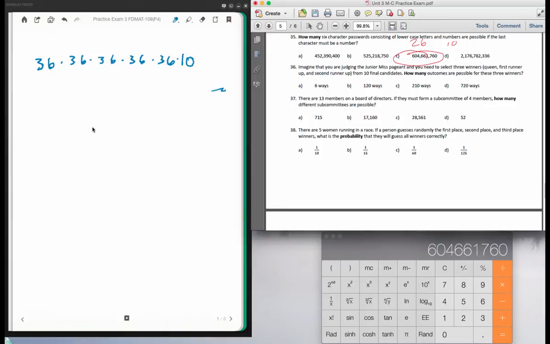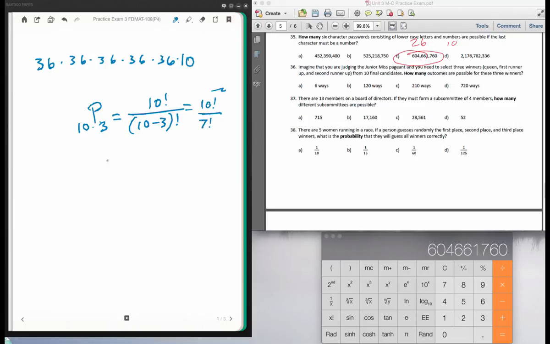So there are 10 final candidates, permutation, and we only want 3 winners, so I'll put a 3. So now what we need to do is n factorial over n minus r factorial, or 10 factorial over 10 minus 3 factorial. So this is equal to 10 factorial divided by 7 factorial.